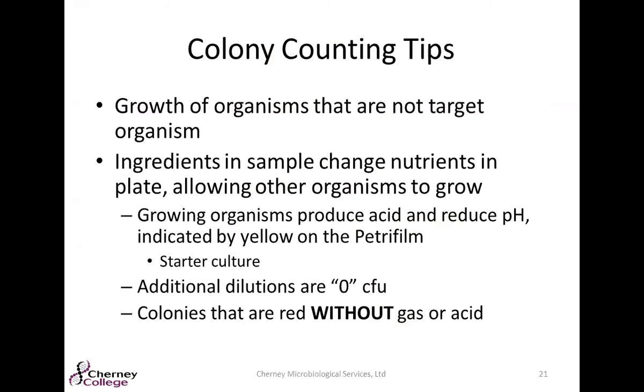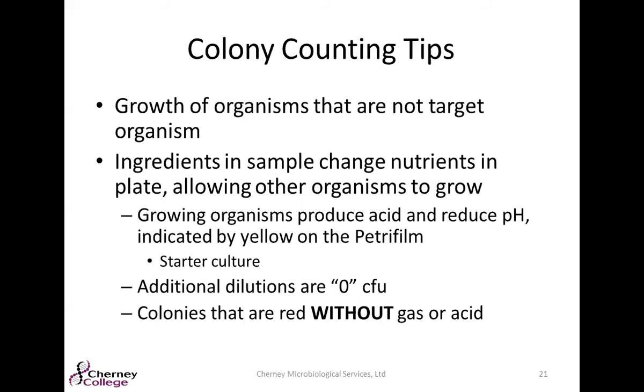And you'll want to know that ingredients in your sample can change the nutrient base in that plate and allow other organisms to grow. An example of this would be your starter cultures, for example, something like a lactobacillus that produces acid. That bacteria can lower the pH, changing that indicator, which is going to change it from purple to yellow on the Petrifilm, which could accidentally be interpreted as TNTC. So that's something to watch out for.